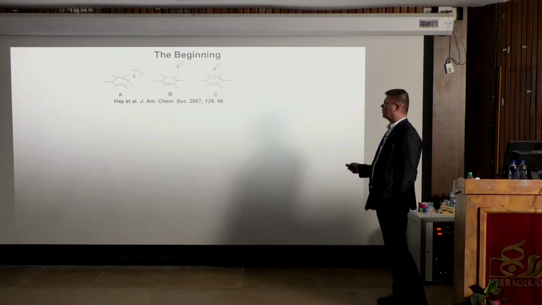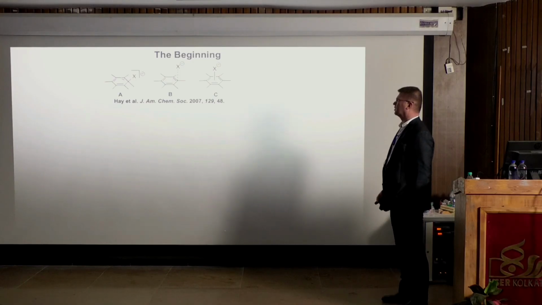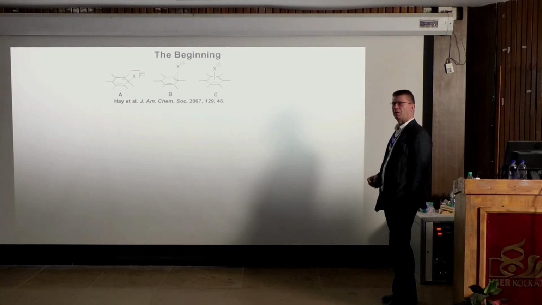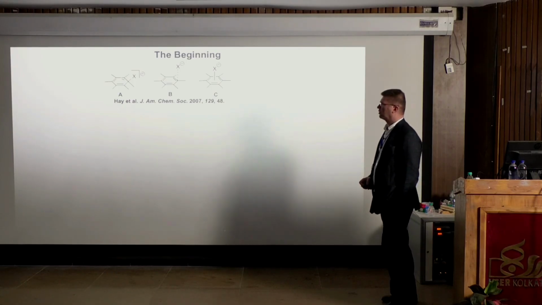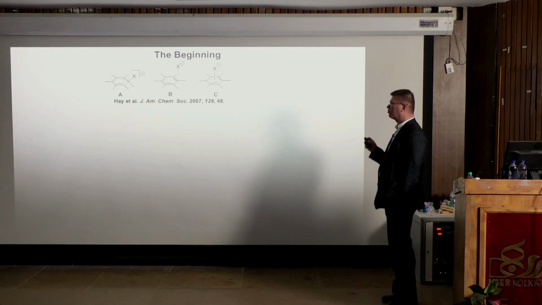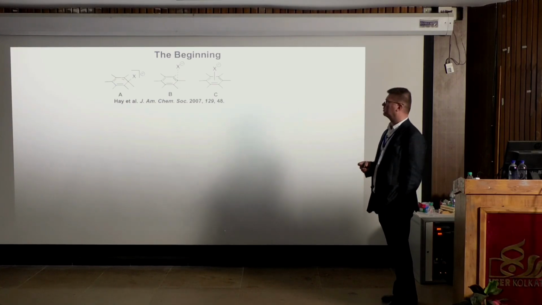Ben Hay already did computational work on this kind of thing a little bit more than nearly 20 years ago, with Lysander and other compounds, proposing that this kind of species could exist. So our idea is to see if we can get experimental proof for this by X-ray diffraction.